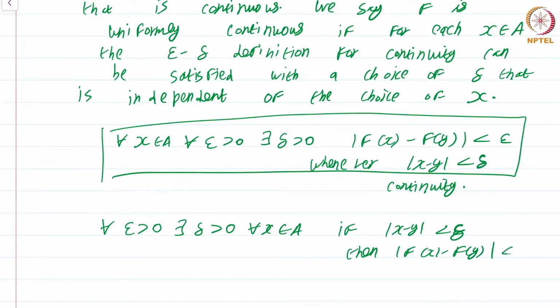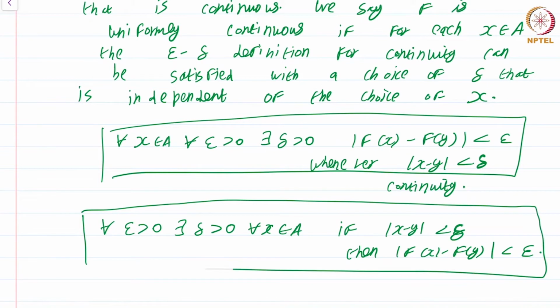So this captures uniform continuity. What this says is that the choice of delta depends only on the choice of epsilon and the choice of point is not into the picture at all.